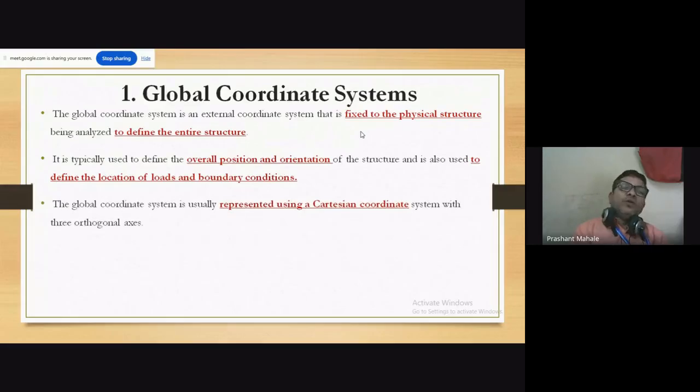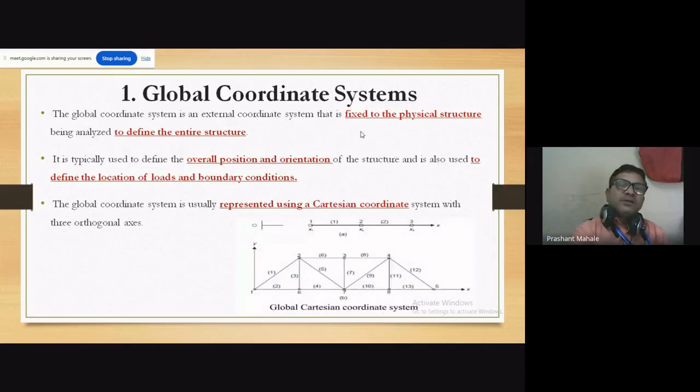Then the global coordinate system is usually represented using Cartesian coordinates, as I said, the x axis, y axis, and according to that we show it. For example, I have shown that in the diagram in the slide: this is the y axis, if you can see my cursor, and this is the x axis.